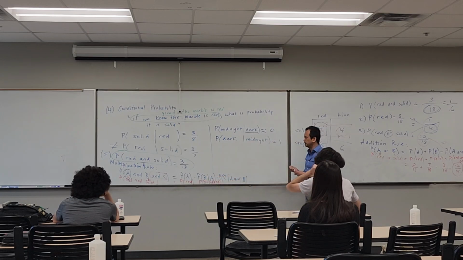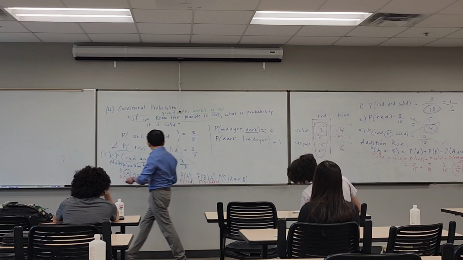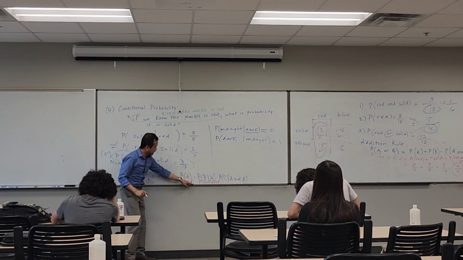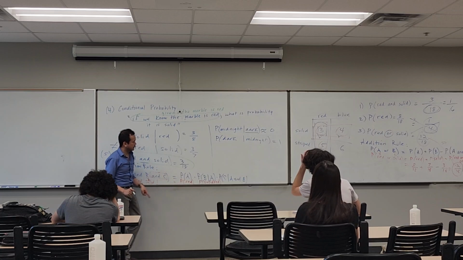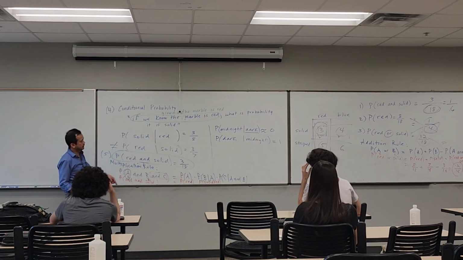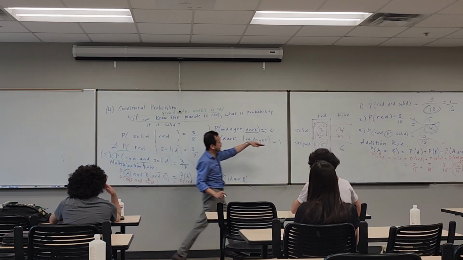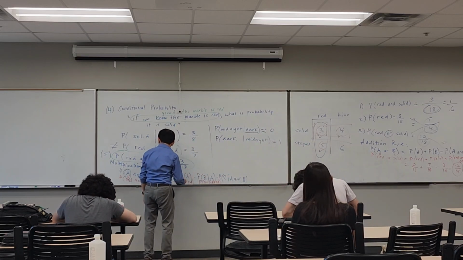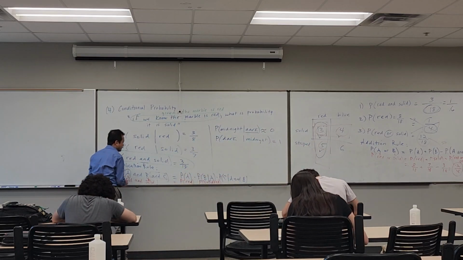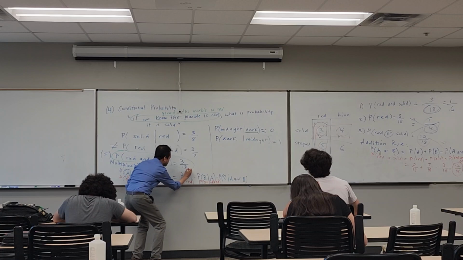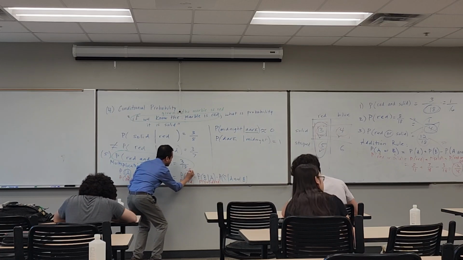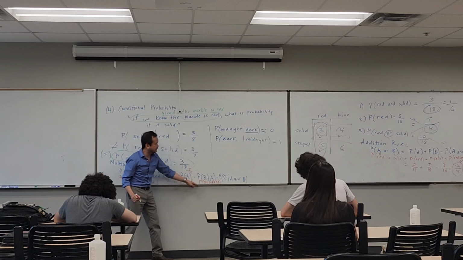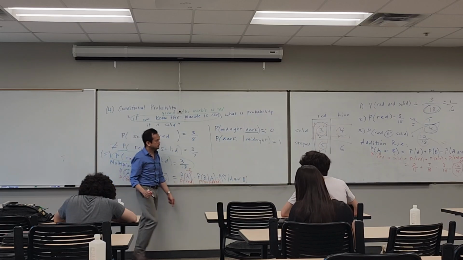So let's go ahead and fill in the numbers here. This probability of red has what probability in our example? Yeah, red is going to be 8 out of 18, so that'll be up here. And then times the probability of solid given red. 3 out of 8.